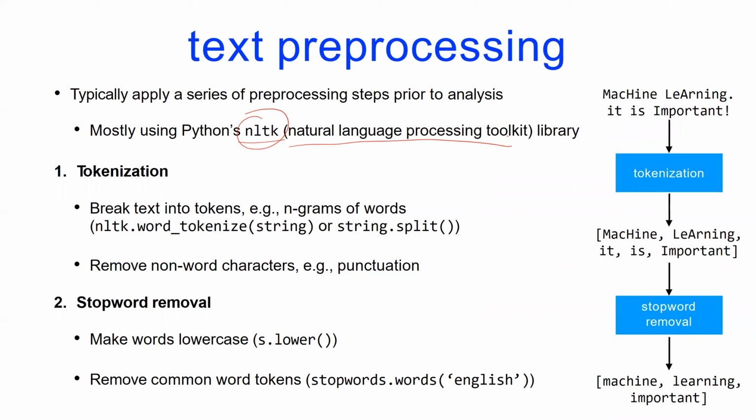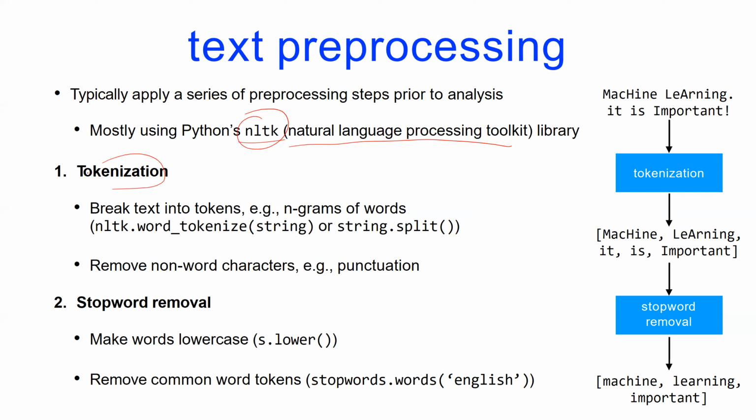So the first step is to tokenize. We will try to break those texts into tokens, and we will show some examples using Jupyter. Essentially, either you break your text into individual words, like unigrams, or you increase your n to something like trigrams.